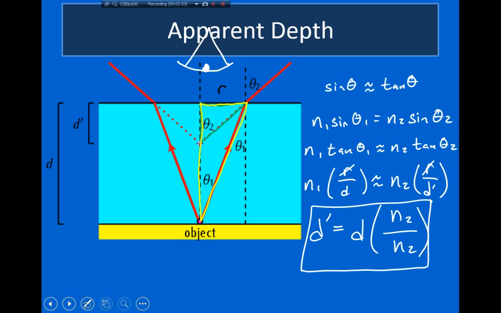Now, one of the things I should point out about this example is that because the index of refraction of water is greater than the index of refraction of air, the beam of light is going to bend away from the perpendicular when it travels from the water into air.